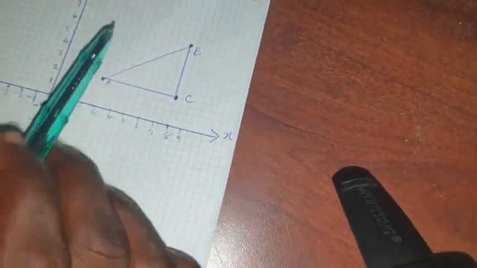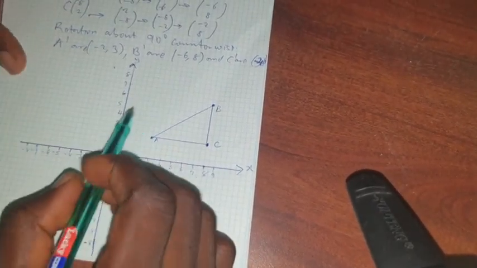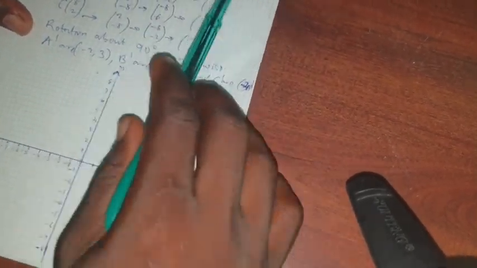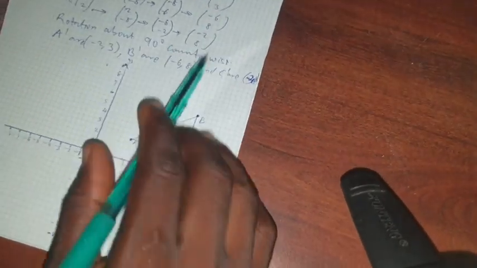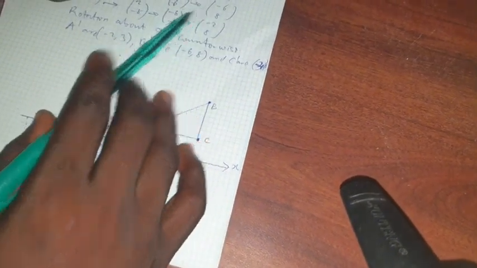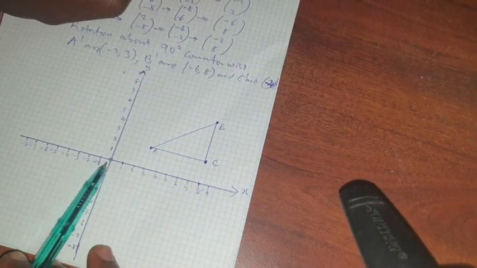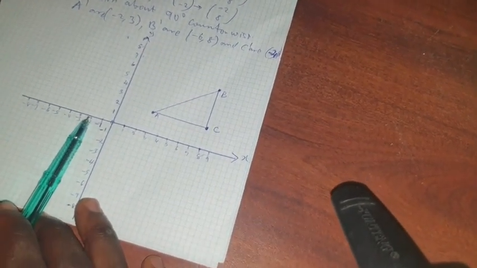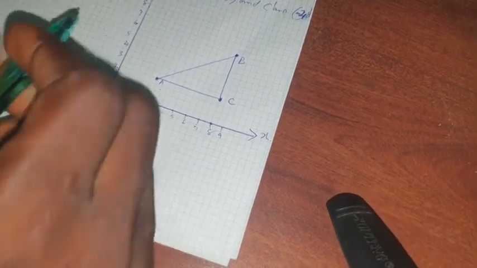So we are rotating about 90 degrees counterclockwise, that is anticlockwise, so we are making use of 270 degrees rotation, which is the one that coincides with 90 degrees rotation in clockwise. So minus 2, 3: minus 2 on the x-axis and 3 on the y-axis.